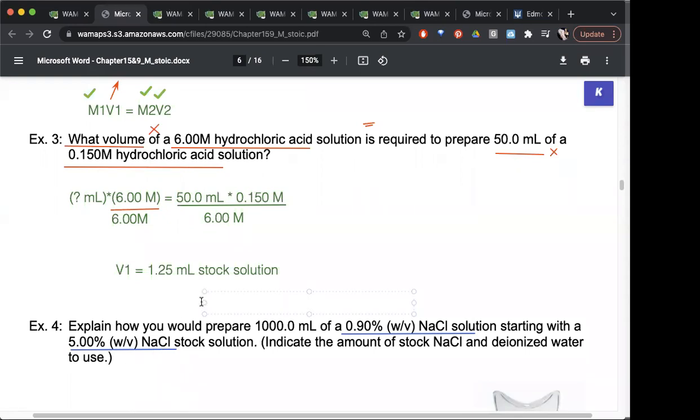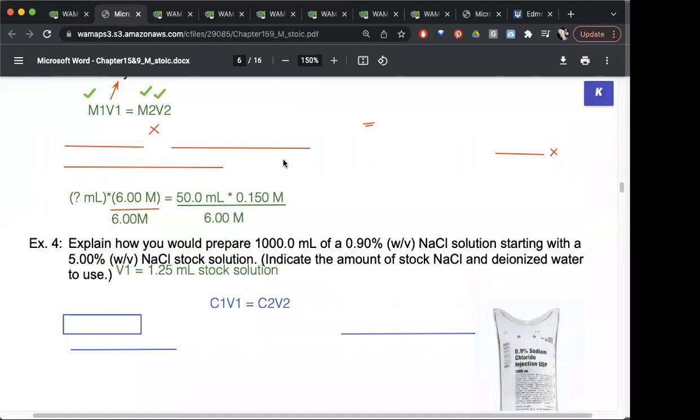So in this case, we're looking at C1V1 equals C2V2, where C stands for whatever the concentration units. And we also have that explain how. So we're going to come back at the end and put it into words. Okay, let me scroll this up a little bit.